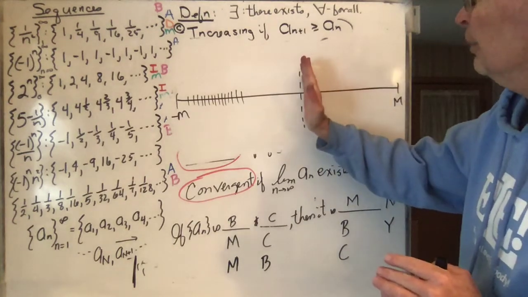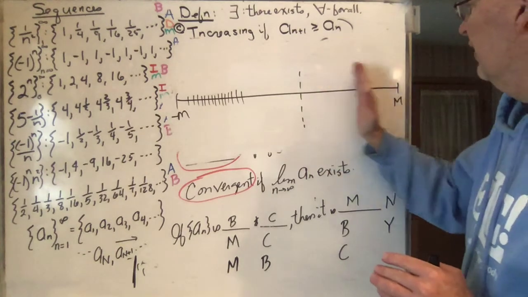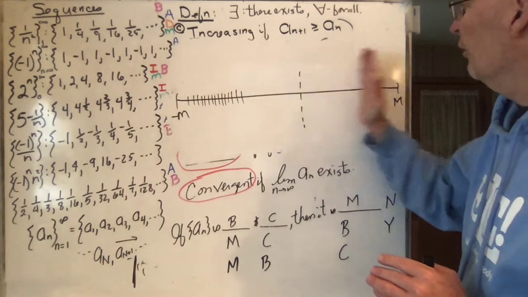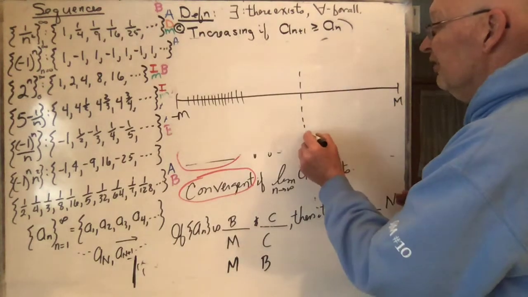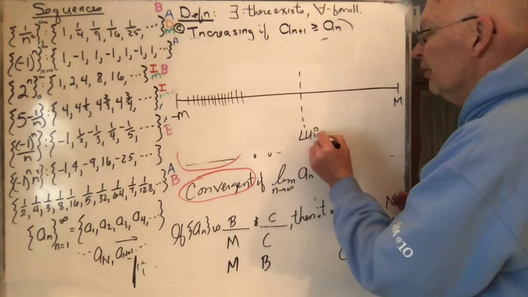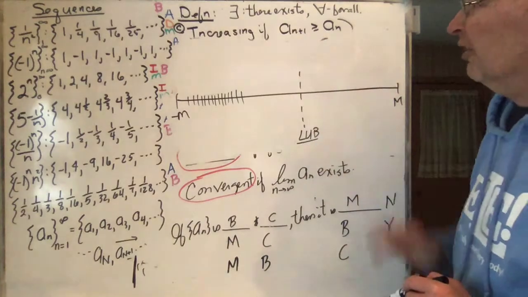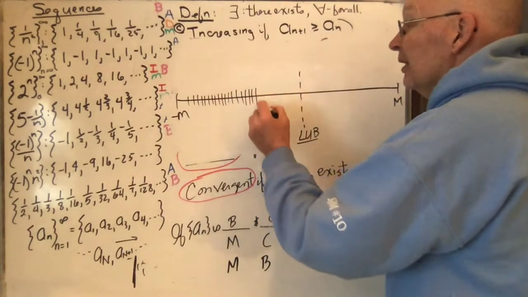It's called the least upper bound. If we're bounded above, then maybe that's our least upper bound, or maybe there's another upper bound which is smaller than that. But this thing here is called the least upper bound, which is the upper bound that is the smallest possible one. And what happens as you just keep climbing?